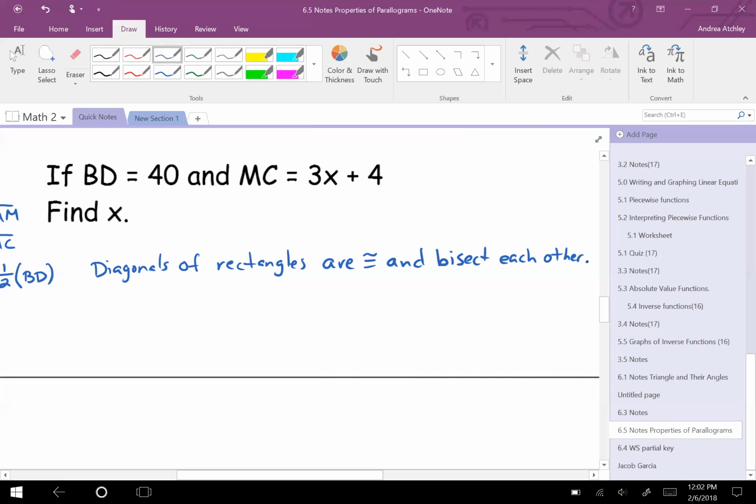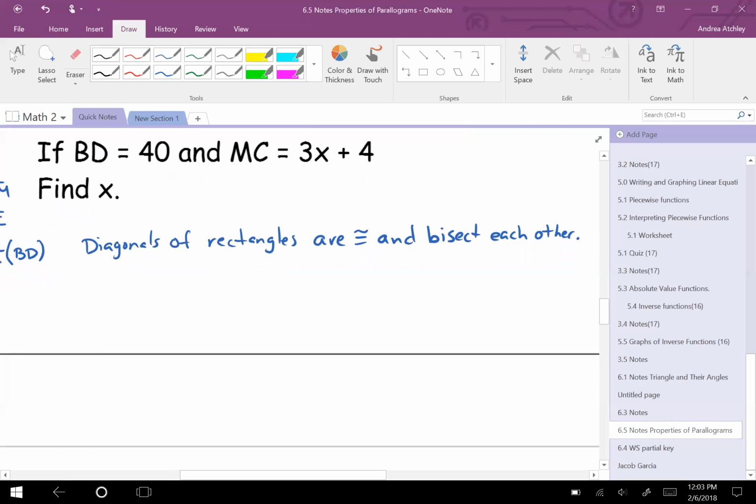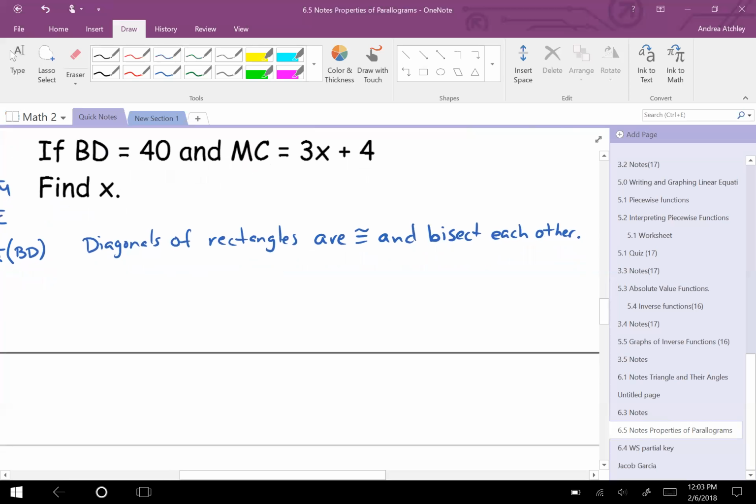Any questions over that? Diagonals of rectangles are congruent and bisect each other. So we need both of those for this problem.